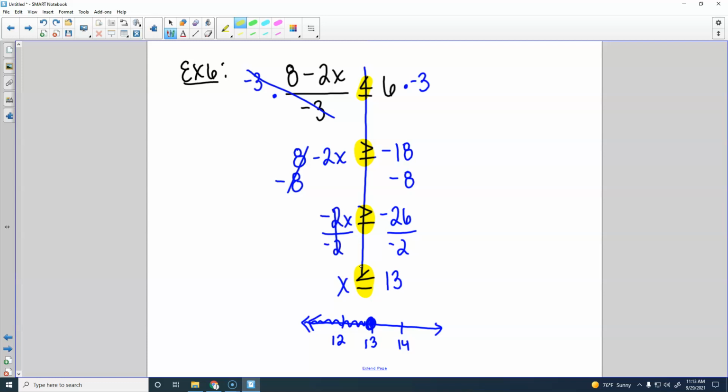Yes, every time you multiply or divide by a negative, you have to flip it. So you flip it the first time when you multiply by the negative 3, and then you got to flip it again when you divide by the negative 2. Some of you might have just got lucky because you didn't flip your sign at all, and it just happened to be right at the end.